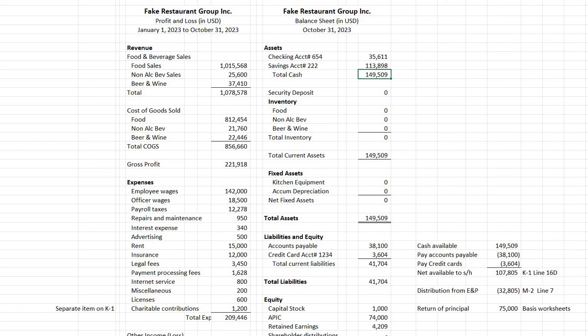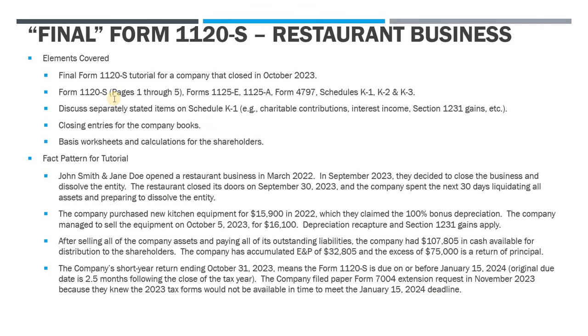All right, so we've got those, and then lastly, just one slide here covering the background on what we're going to have in the tax return, and then some details on the fact pattern. As far as what's going to be included here, we've got the 1120S for an entity that closed down in October. And so we need the standard pages 1 through 5 of the 1120S, and then we've also got the 1125E for officer compensation, 1125A for the cost of goods sold and the inventory reconciliation.